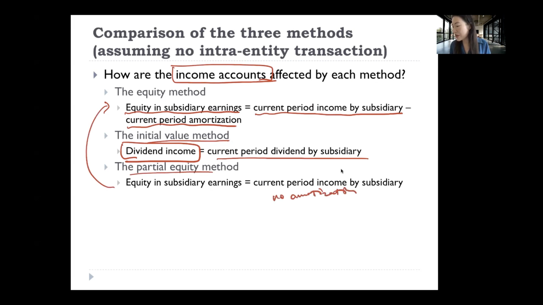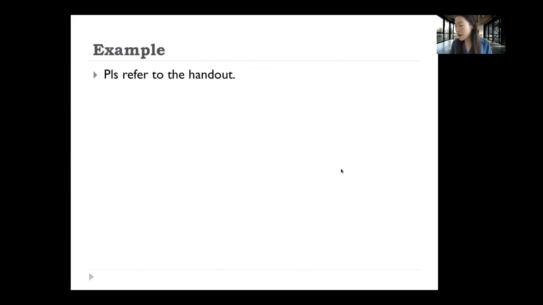So amortization wouldn't affect the earnings of the parent under the partial equity method. So this is a comparison of the three methods as for their effect on the income account. And now let's go over an example so that we're going to have a better idea how the three methods differ and their respective impact on different accounts.